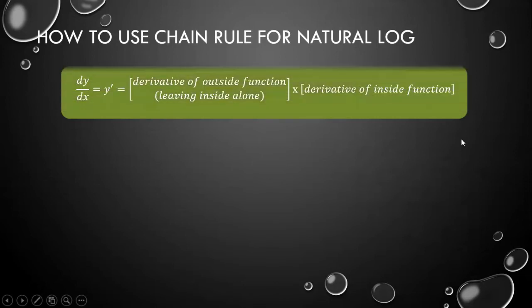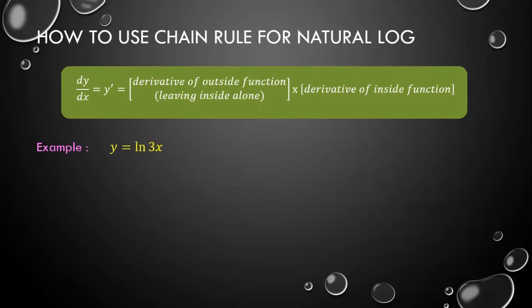Once again, dy over dx, or y prime, equals the derivative of the outside function times the derivative of the inside function. For example, of natural log, y equals ln 3x. Okay, the function is y equals ln 3x.